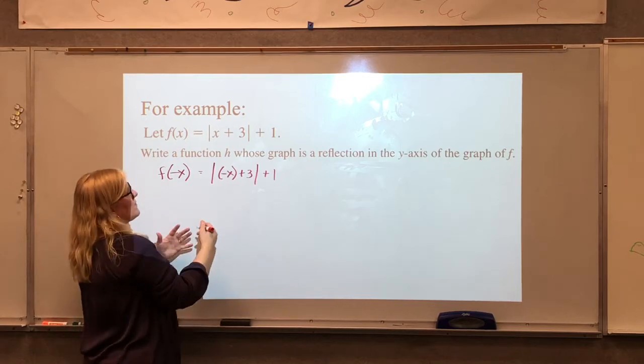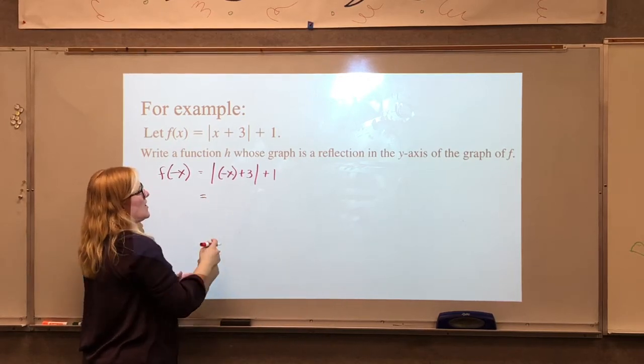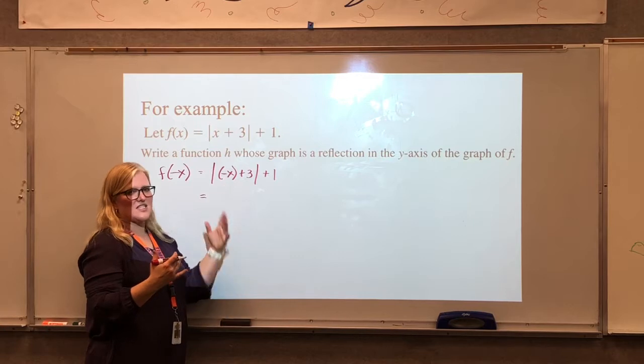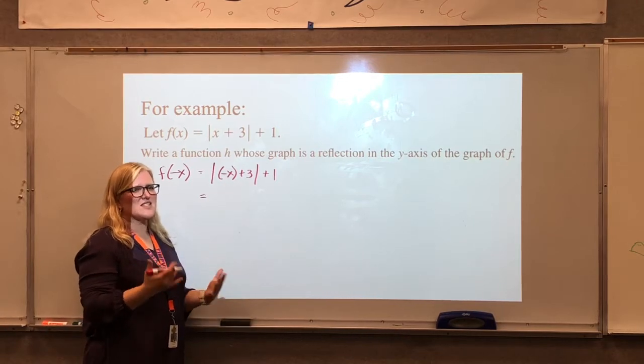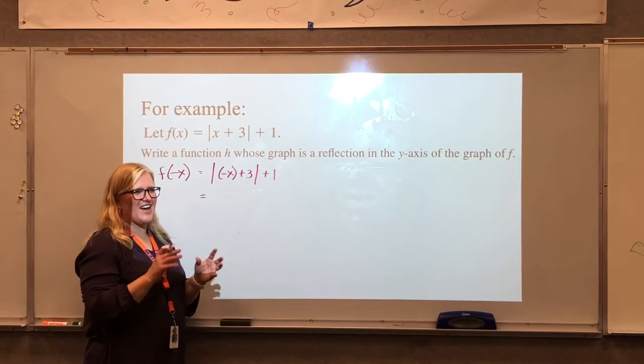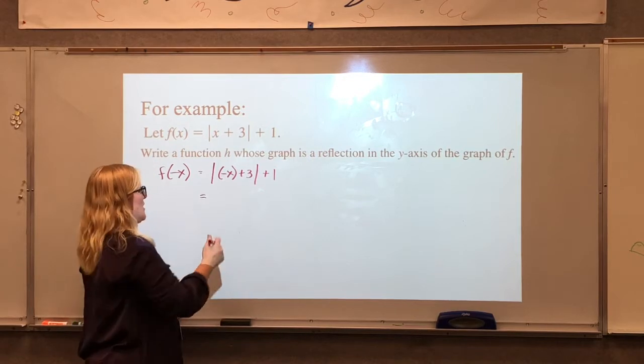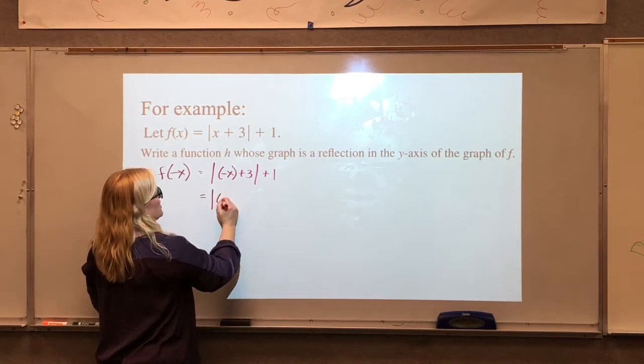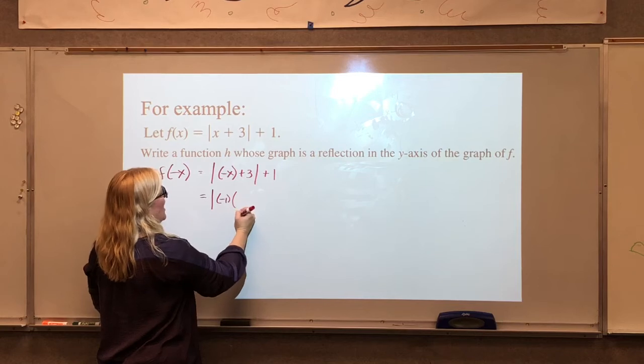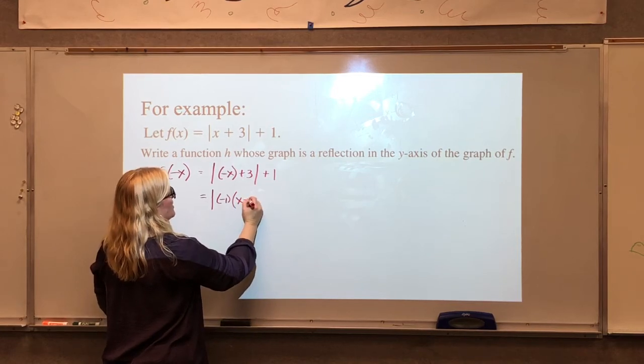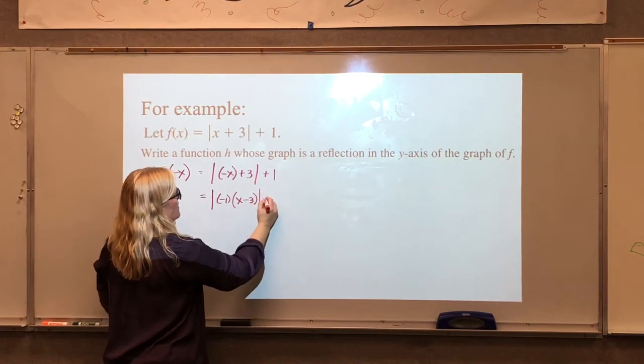All right, and because this is an absolute value, if you were to leave it like this on a test, it would be fine. But because it's an absolute value function, I kind of have to manipulate it just a little bit. And so what this becomes is negative 1 times x minus 3 plus 1.